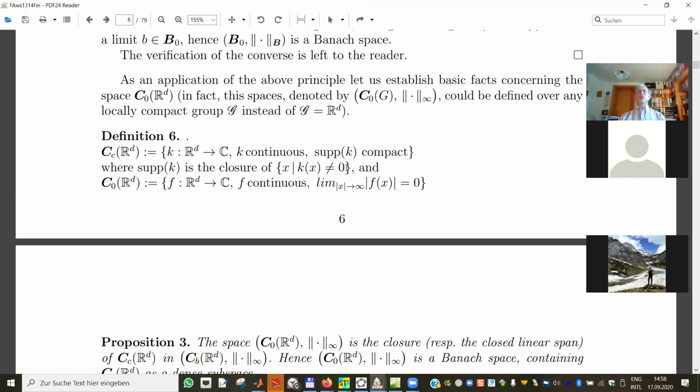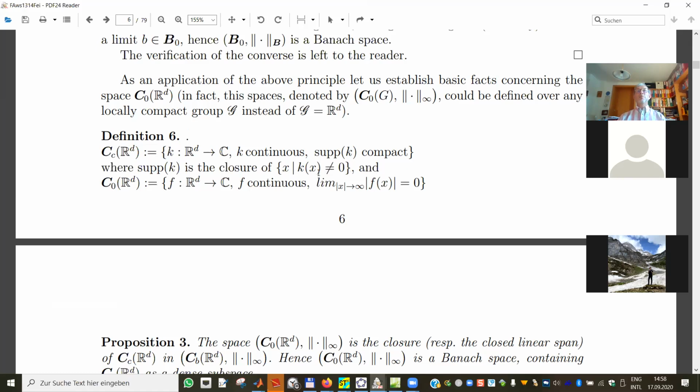Typically we're using this argument when we're talking about tomography. You're looking for the tumor in the head of your patient, and you're putting the body into the MRI scanner. Clearly the density of the head is a compactly supported function, because outside of the body there is just air, which is not causing any absorption.